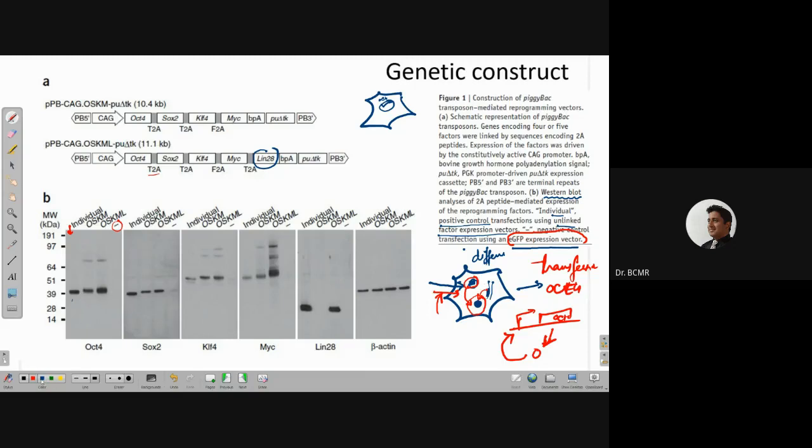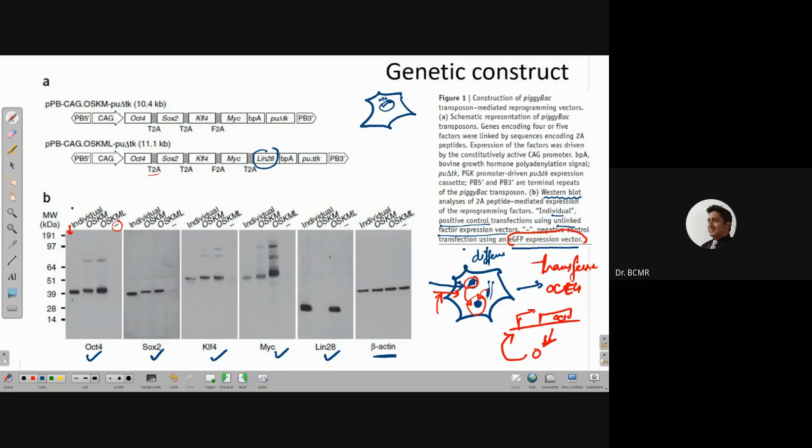Now they have performed Western blotting using OCT4 antibodies. In this blot, they have done SOX2, KLF, CMYC, Lin28, and beta-actin, which acts as a control for the quantity of protein one has added. Okay.